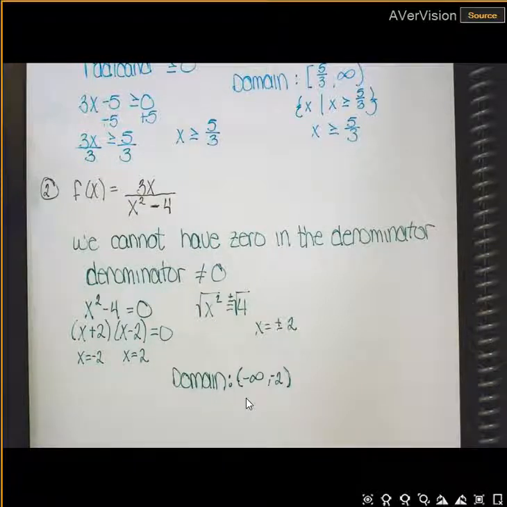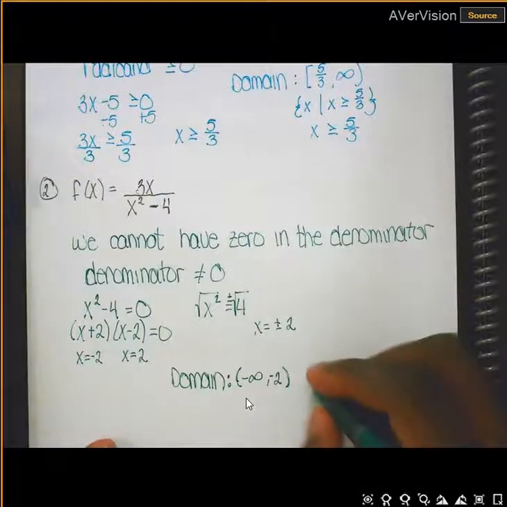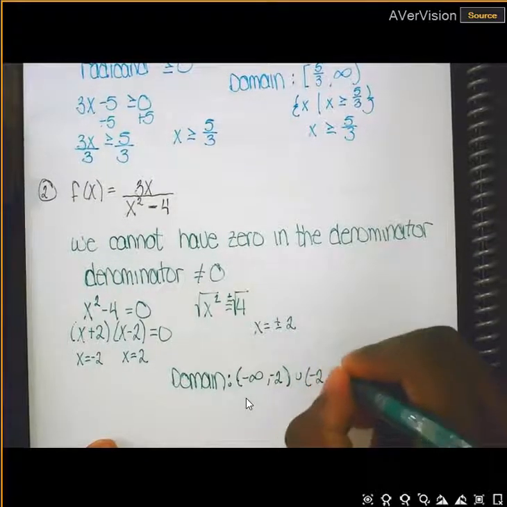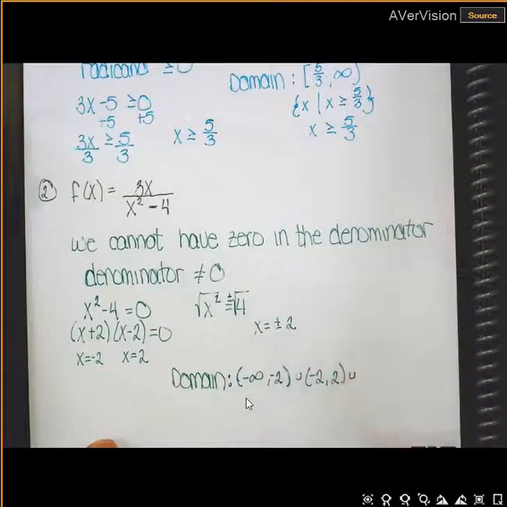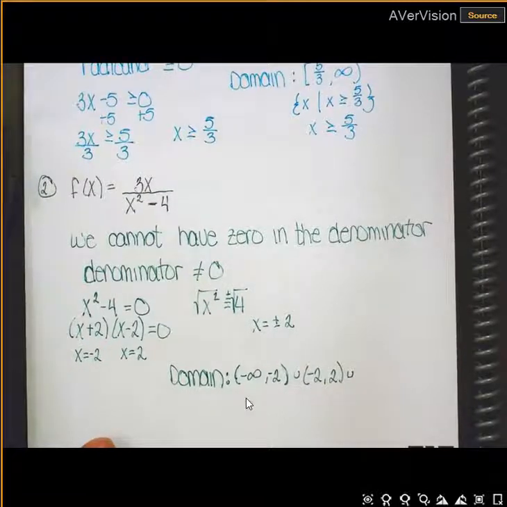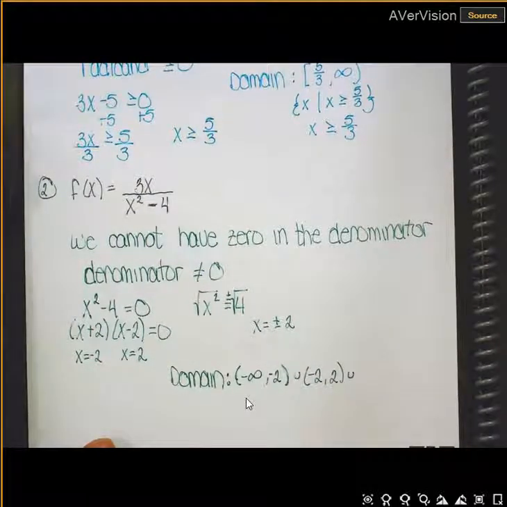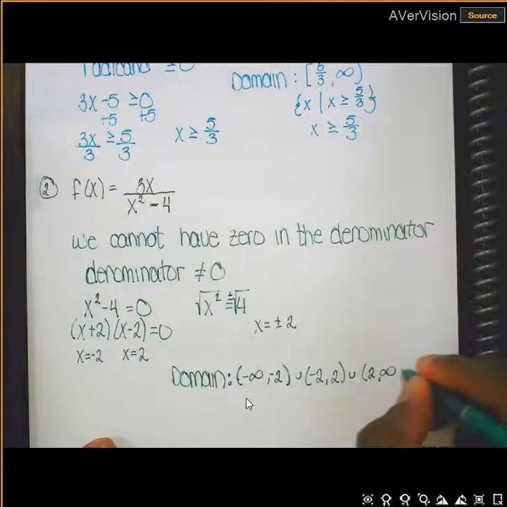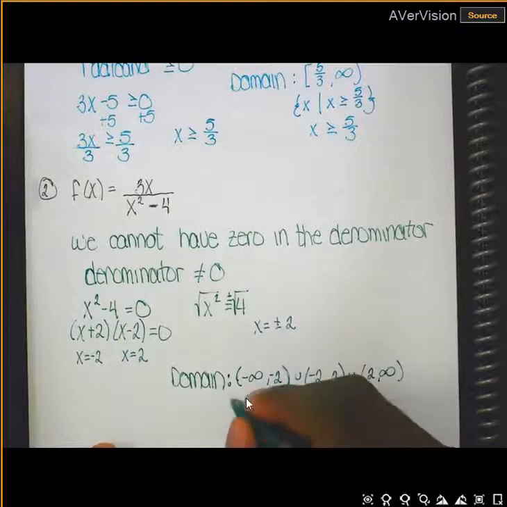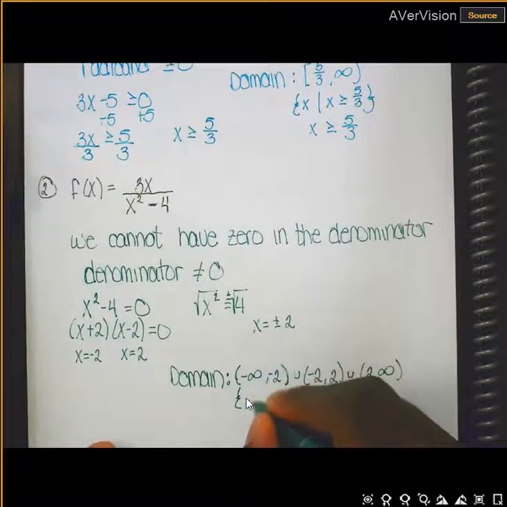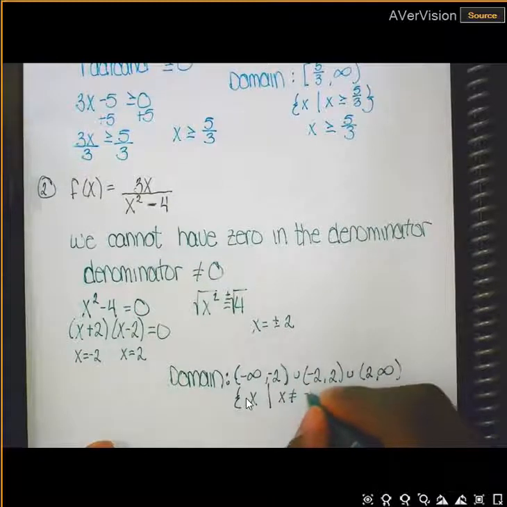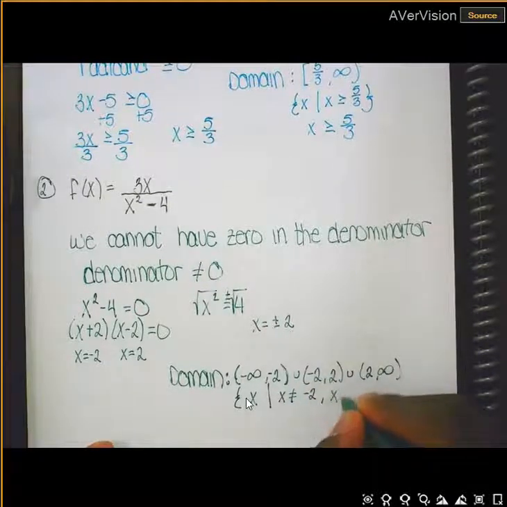All right, so what's the rest? Yep. And yep. And to write this in set builder, it's x such that x is not equal to negative 2 and x is not equal to 2.